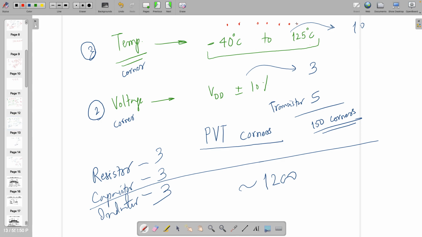It's not that the mobile itself reaches 125, but the outside temperature is also high. That might happen, right? So this is a standard agreed by all other people, and then we reach here.